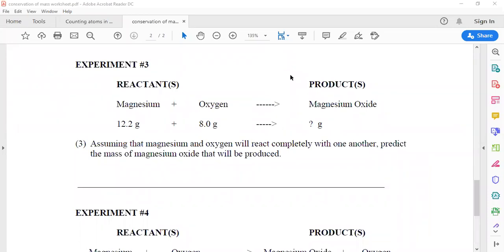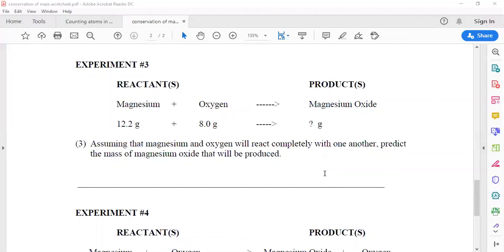So in this one, guys, we're looking at sort of the same thing. I'm starting with 12.2 grams of magnesium, and I am adding to that 8 grams of oxygen. In other words, assuming that magnesium and oxygen will react completely with each other, so there's a full reaction, it burns up, it gets really bright, and you're creating this product called magnesium oxide.